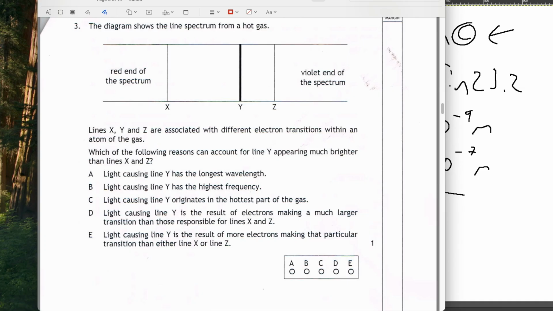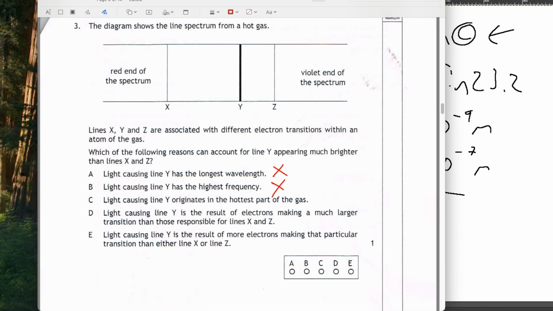A, light causing line Y has the longest wavelength. No. Red end of the spectrum has the longest wavelength, so that's not correct. B, light causing line Y has the highest frequency. Highest frequency? No, that's violet. That is also wrong. They're mocking us.